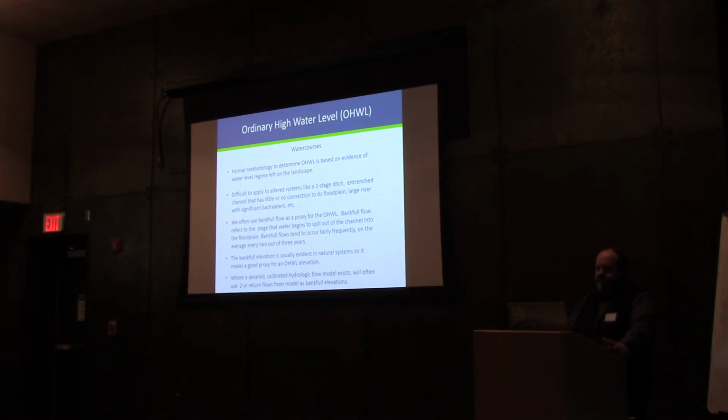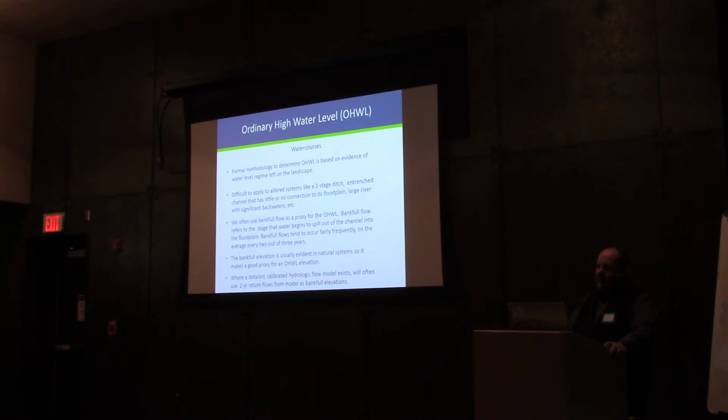And where a detailed calibrated hydrologic flow model exists, we'll often use the 2-year return flow from the model as a bank full elevation. So, we're sitting here in Bloomington, and when I was the area hydrologist, this was the area I covered. I remember one time there was a project that was going to take place on the banks of 9 Mile Creek, and the 9 Mile Creek watershed district had done a detailed model of it.